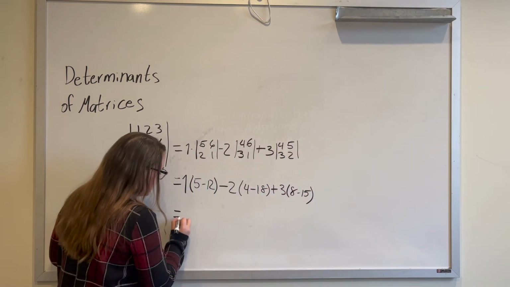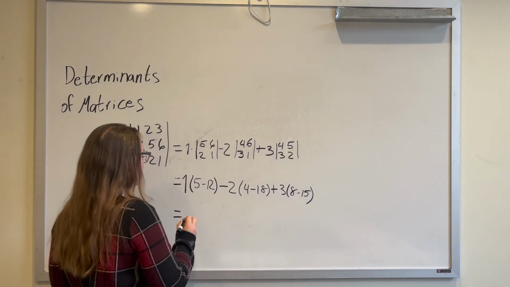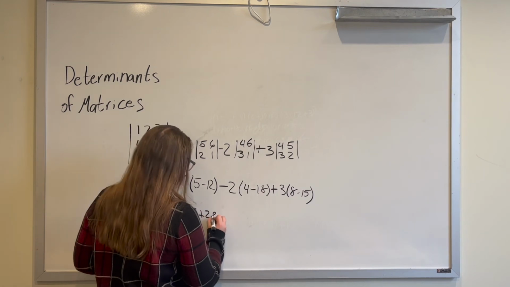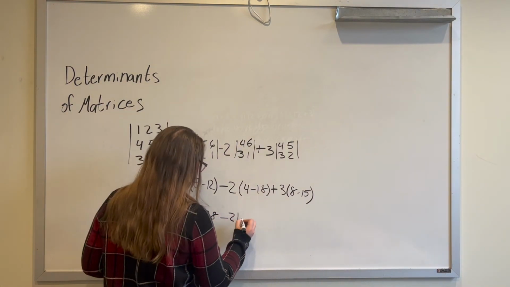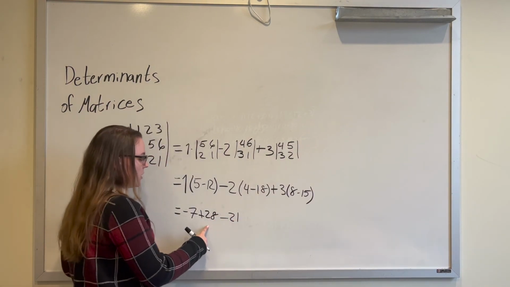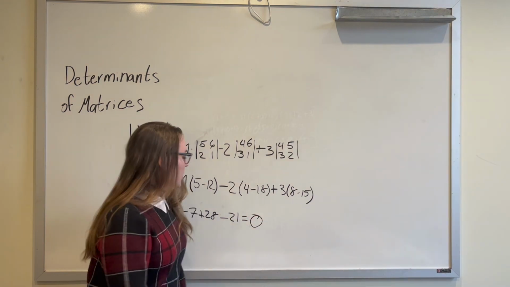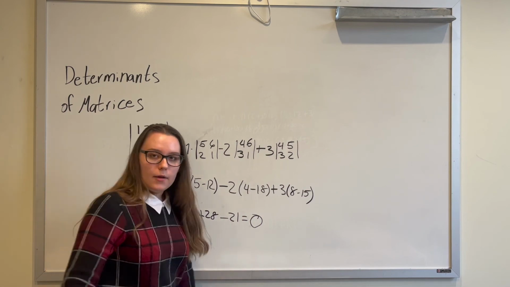All right, and then we can do some arithmetic and then we'll find our final answer. So we have -7 plus 28 minus 21, which is equal to 0. All right, and so we've reached our final answer, and then we are done.